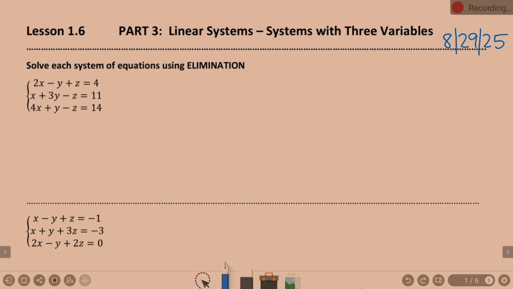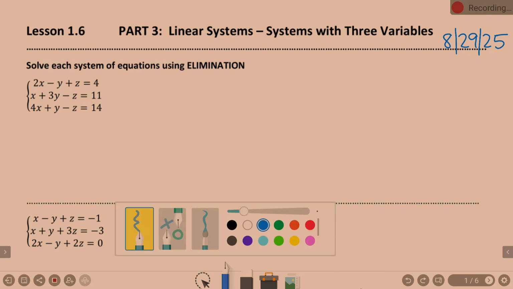Because it doesn't have a number on any of them, and there's 2 negative and 1 positive. Okay, so they're all 1z's, yes? Some positive, some negative. I like that there's different signs, but what I really like is that they're all 1z's. So we're going to start off trying to eliminate z's.